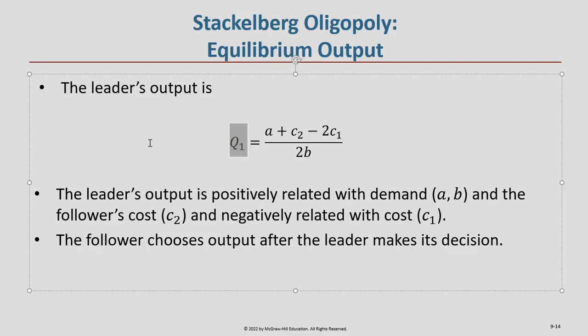So one thing a follower can do is constantly try to innovate and cut its cost, just like all firms try to do. And then the firm's output is negatively related with its own cost.